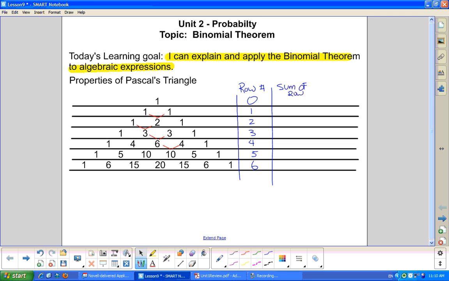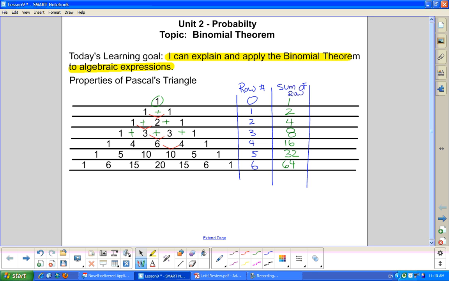For row 0, there's only a 1, so the row total is 1. Row 1, 1 plus 1 is 2. The next one, 1 plus 2 plus 1 is 4. 1 plus 3 plus 3 plus 1 is 8. Speeding up the process, we would have 16, 32, and 64. If in doubt, you can always check that with a calculator.